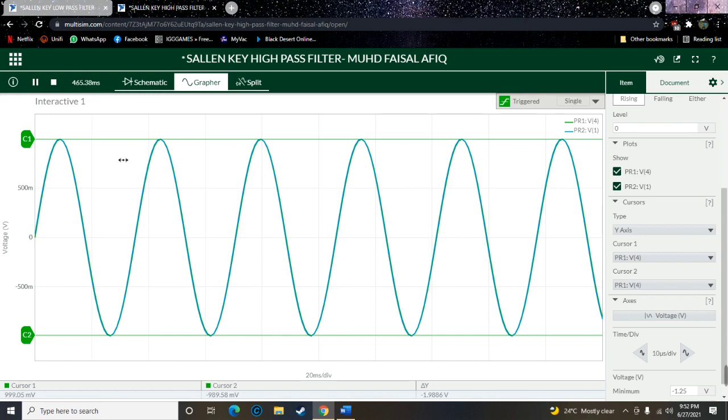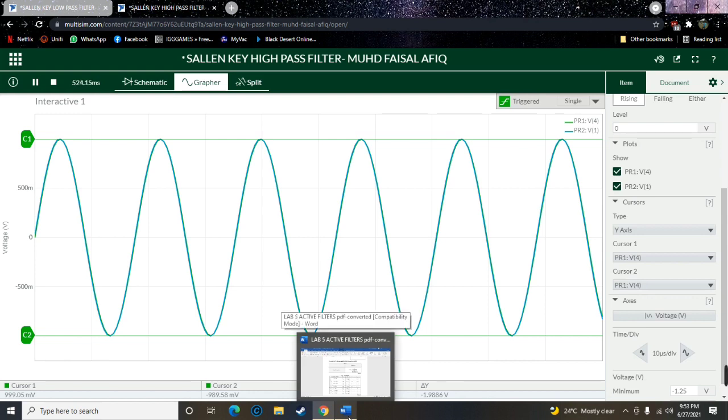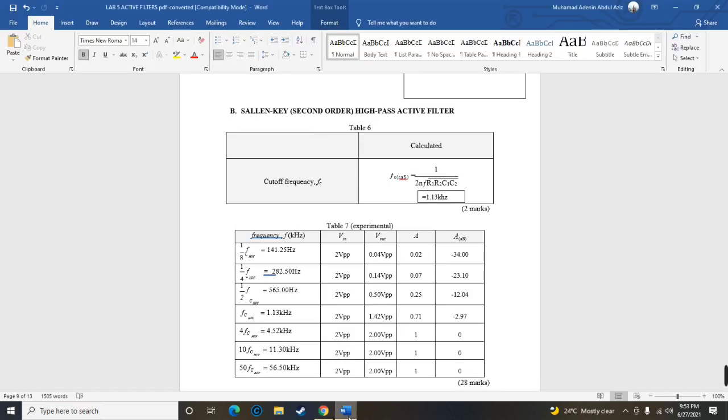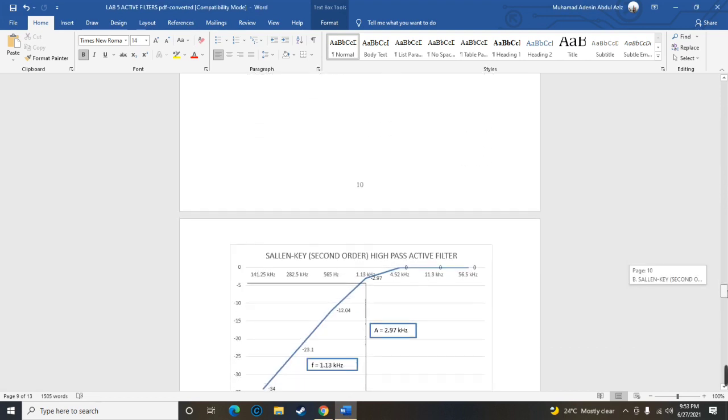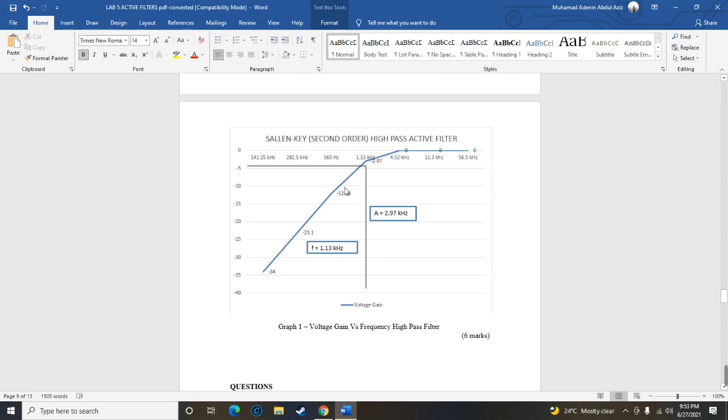We try different frequencies to make it easier to create a graph of voltage gain versus frequency. After we try all the different frequencies and plot them, we get a graph like this. This is the graph for the high pass active filter.